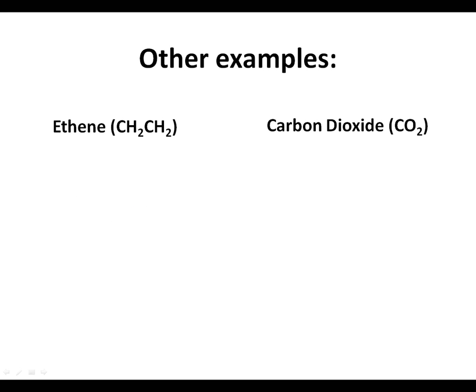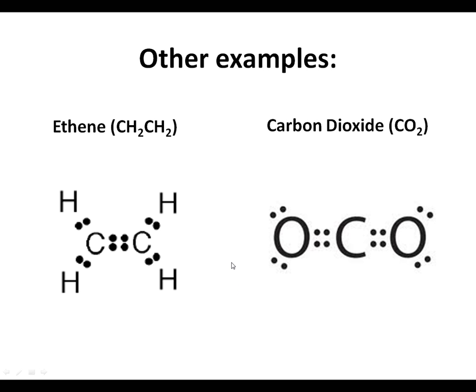So to show you the Lewis structure again, for ethylene, or ethene, here is 2 carbons sharing 4 electrons, that double bond there, and a single bond, a single pair, with the hydrogens. Carbon dioxide, similarly, you've got a carbon atom in the middle with 2 oxygens either side.